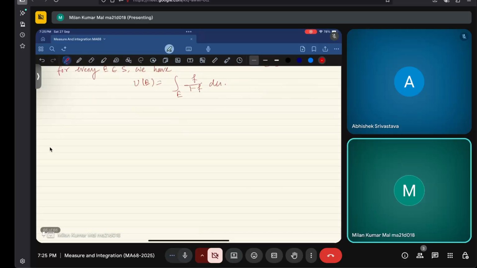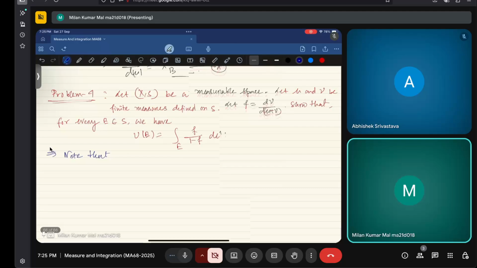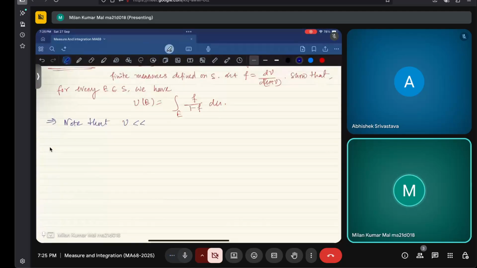So let's start this. First of all, note that nu is absolutely continuous with respect to mu plus nu, because mu and nu are both finite measures, so that means they're positive measures. Therefore, this is very natural.